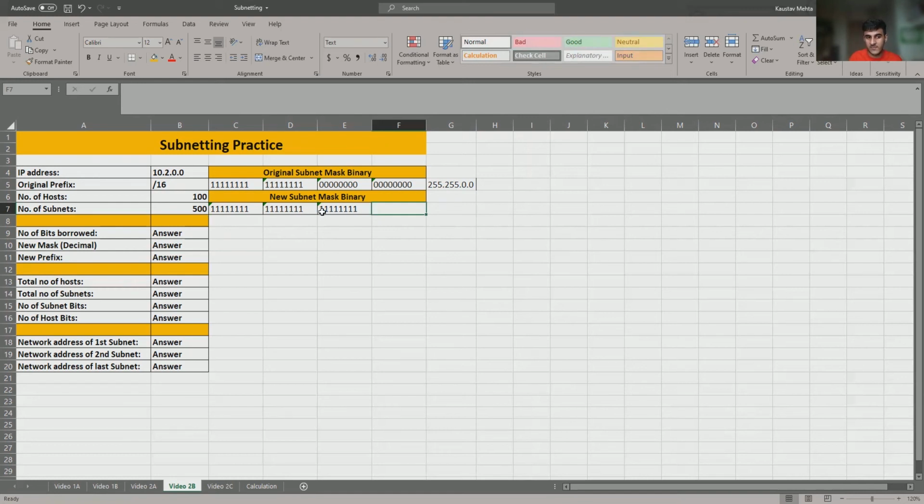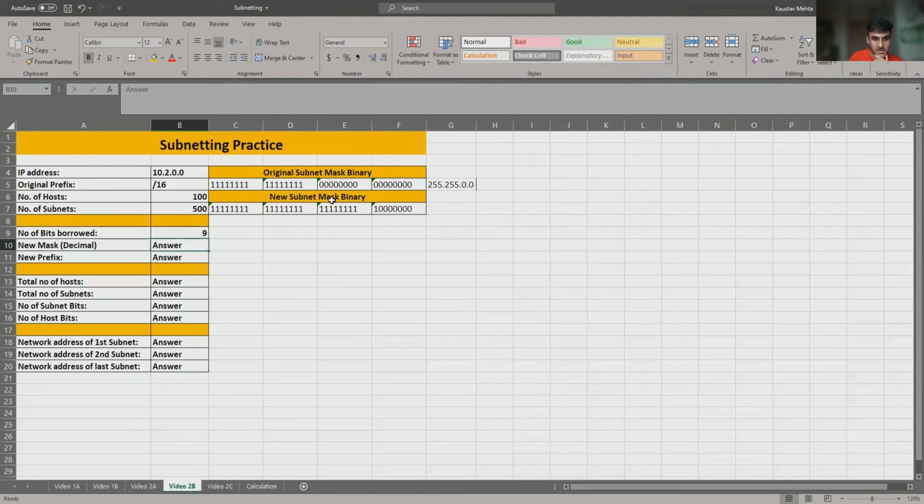Currently we've borrowed 8 bits, which is 256. If you borrow the 9th bit, that's 512. So now it satisfies our requirement of 500 subnets. And then again, we follow them by zeros because we don't need to borrow any more bits. So our number of bits borrowed here will be 9, 8 plus 1.